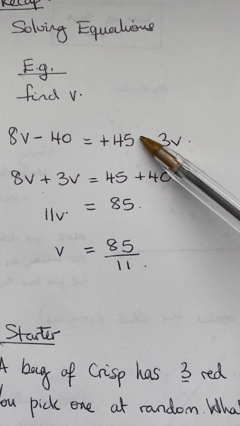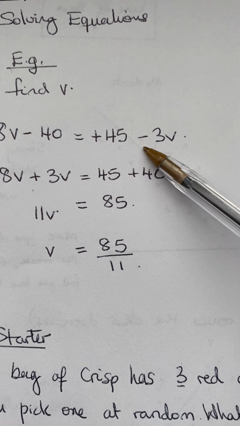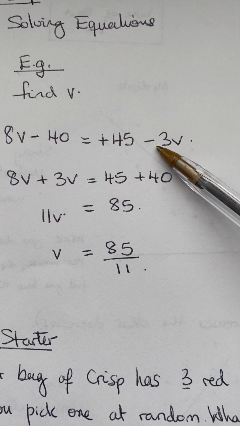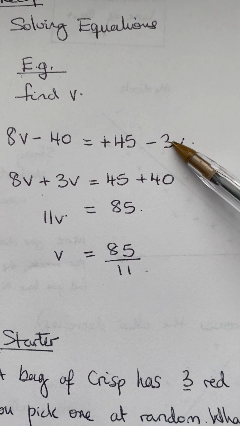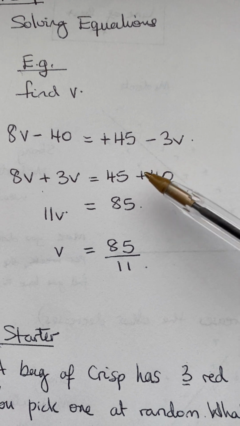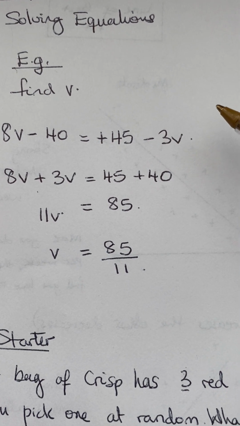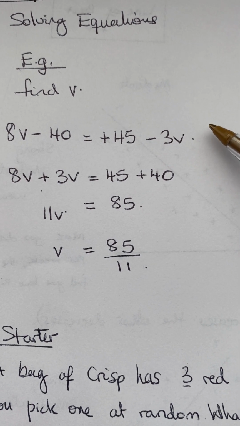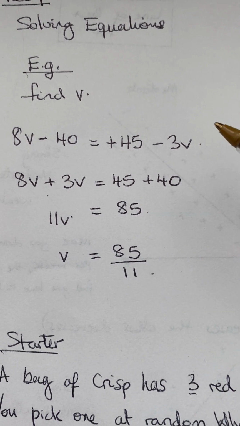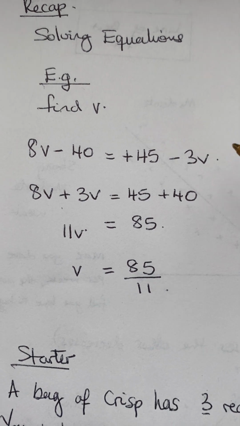I wanted to put in some negative variables so that we can see how easy it can be if you understand the principles. And I hope you've updated your flashcards as well.